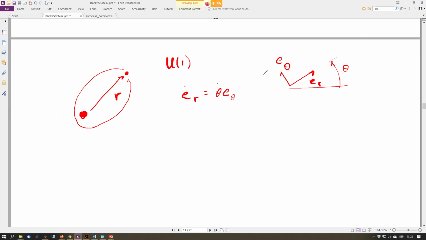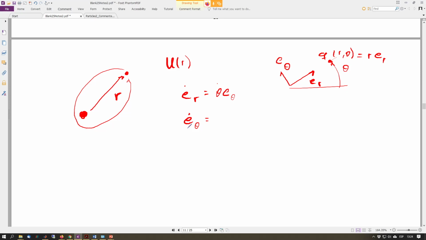When we have the first derivative, we have e_theta; then the second derivative gives theta double dot e_theta, but also the time derivative of e_theta, which is along e_r. By doing all that, we end up with how the position of a particle q in terms of r and theta is going to move.